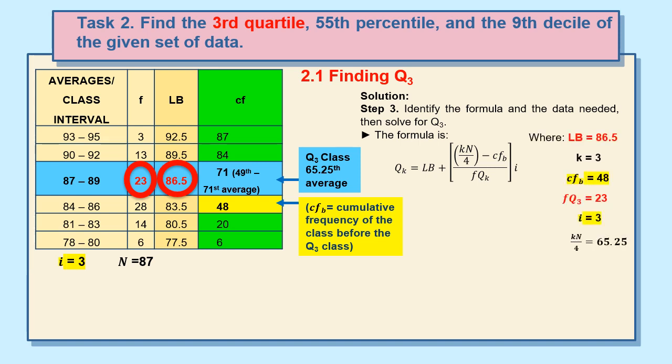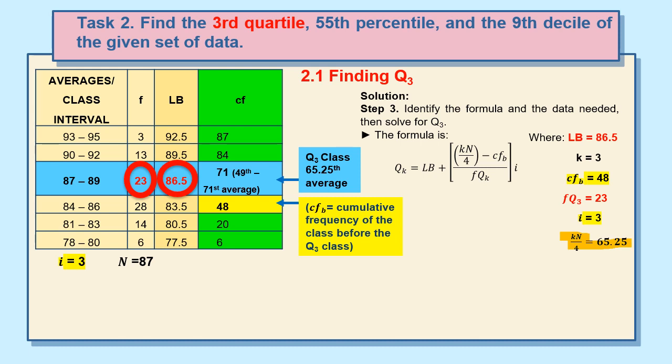Take note that our Kn over 4, which is equal to 65.25, was done already in step 2.